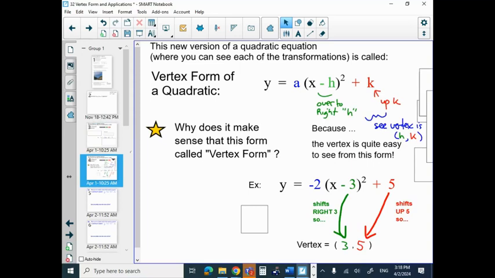It's the nicest version because you can tell so much from it. Right? Compare this to what we started with, the standard form, and we found from a standard form of the equation you really had no idea where the vertex would be, which is a really important spot. This one you can tell the vertex at a quick glance, just with that slight little trick to do with the negative of the X value.